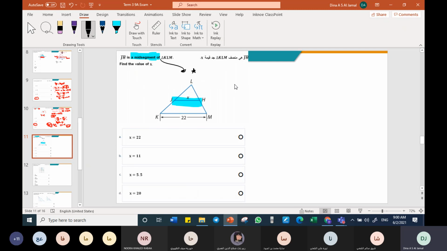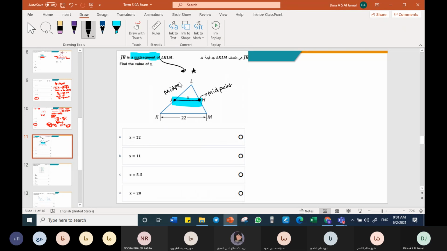And let's remember together, what do I mean by the mid-segment? From the word mid-segment, it will be coming in the middle. It will be having two edges, and these points, each of them will be considered as midpoint.